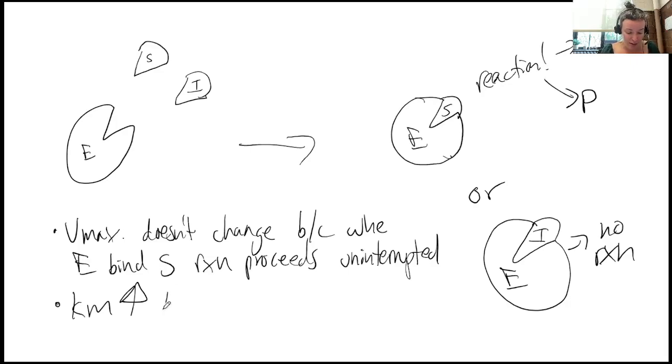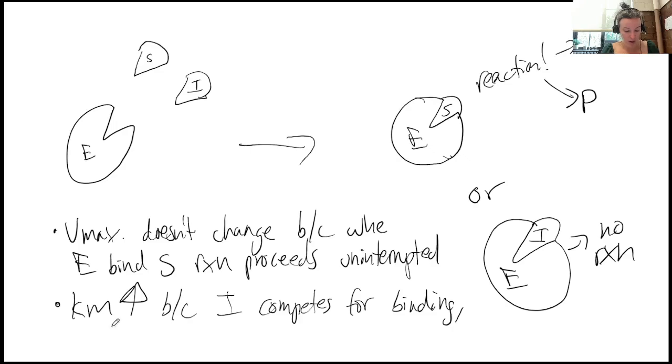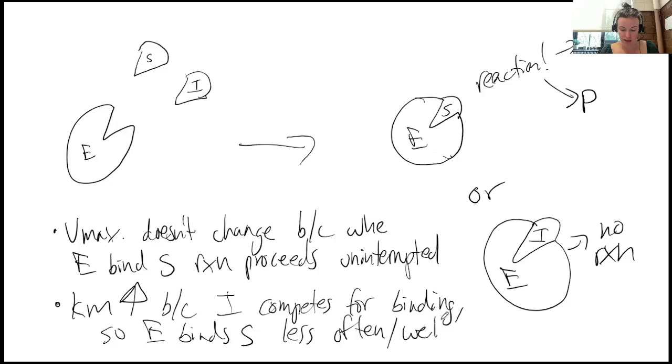So the Km increases because the inhibitor competes for binding. So enzyme binds substrate less often, or we can think about it as less well. That is the first type of inhibitor, competitive inhibitor.